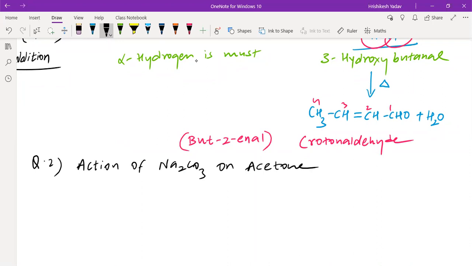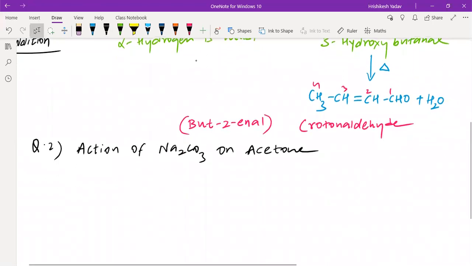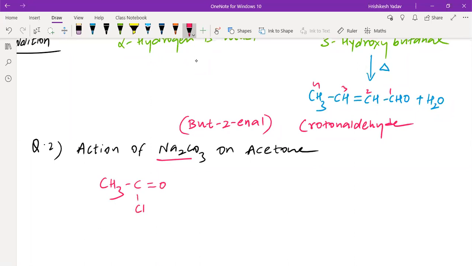Now what will be the answer for this? So acetone molecule, as we have to keep in mind that whenever, as I said, that 5 reagents are there, if action is asked, we should write 2 molecules. Like 1 molecule of acetone is this.